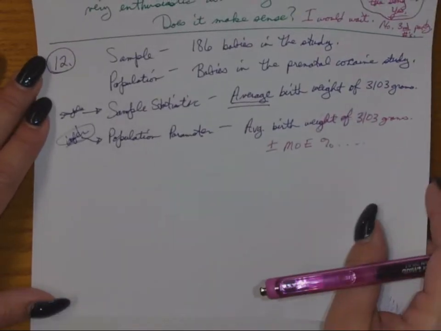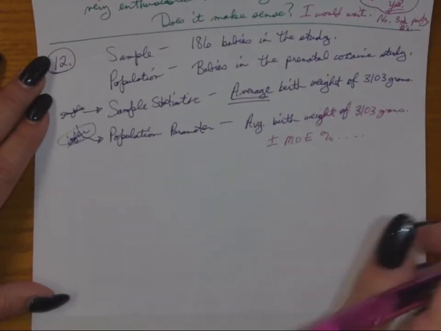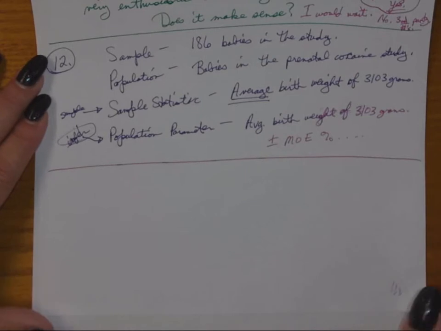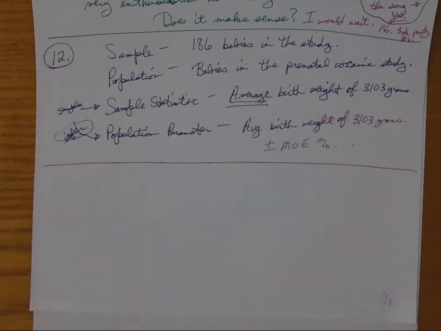So if we don't have all the information we need, then we'll just do what we can, and all we can do is say let the sample statistic reference the population parameter, and we'll deal with it later if we can.